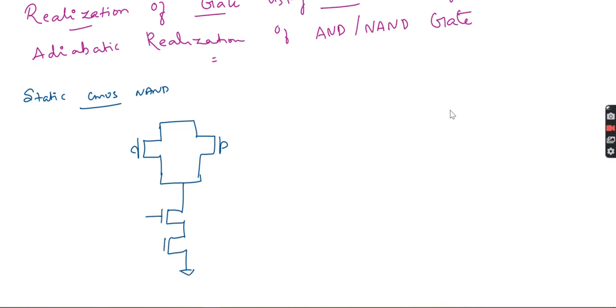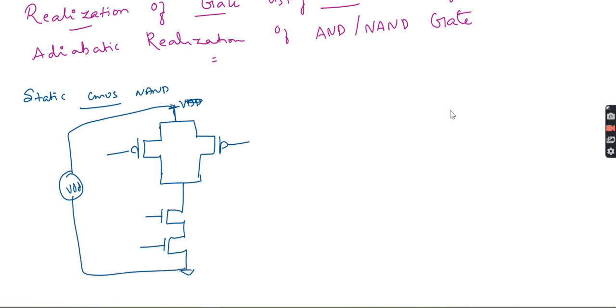This will be your VDD, correct? So just remember that circuit. Here you can think in this way; I will put the circuit like this. VDD, then we connect here.